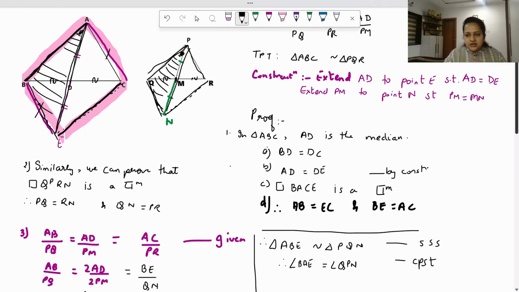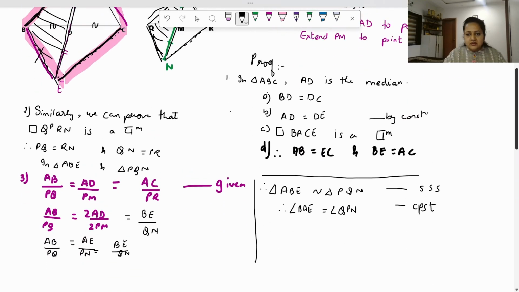Now all of this which we did in triangle ABE and triangle PQN, we compared these. Now we can do the same thing in triangle ACE and triangle PRN, and we can prove that angle CAE is equal to angle RPN, right? So let's write it quickly.